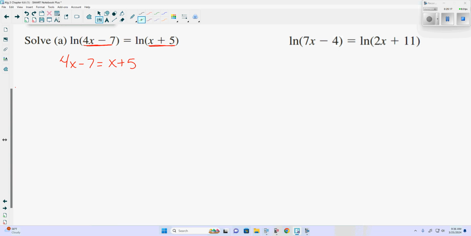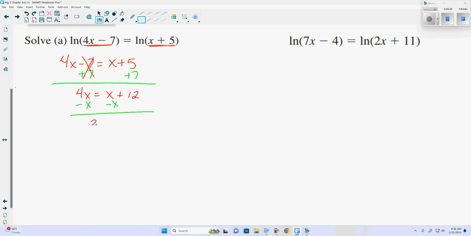Solve for x. We can what? We can add 7. Because our negative 7 plus 7 would be 0, telling us 4x is equal to x plus 5. Then we can subtract x from both sides.